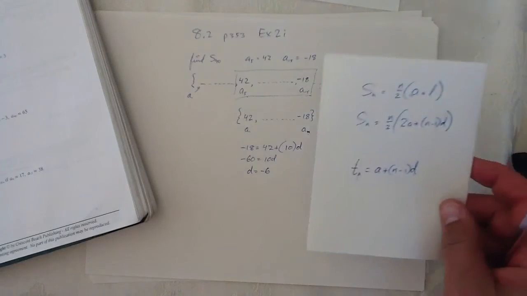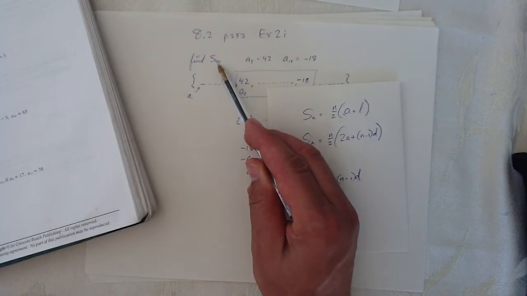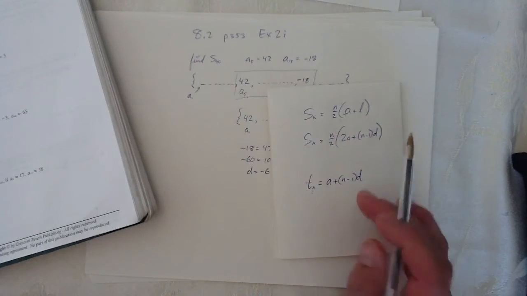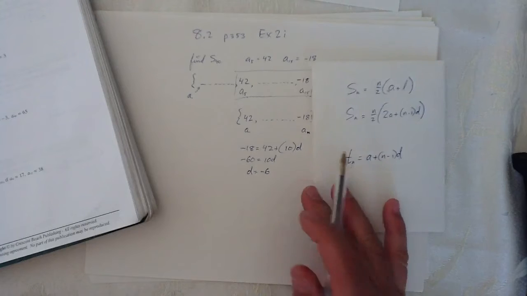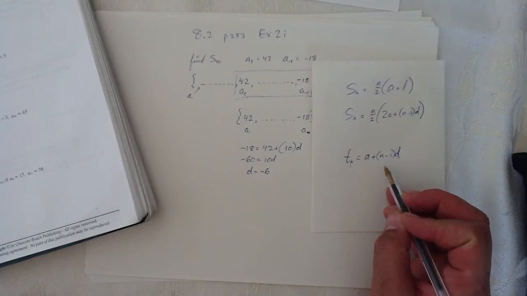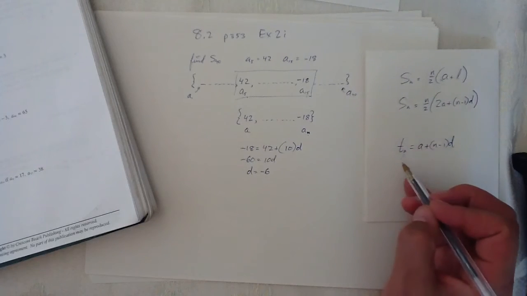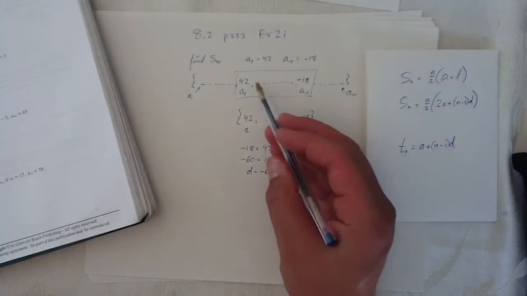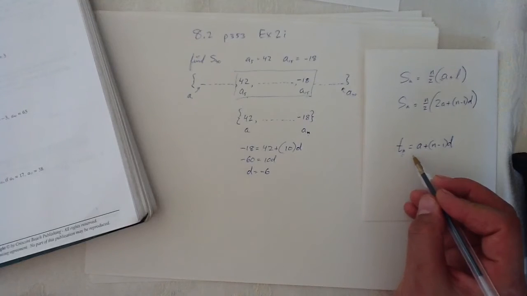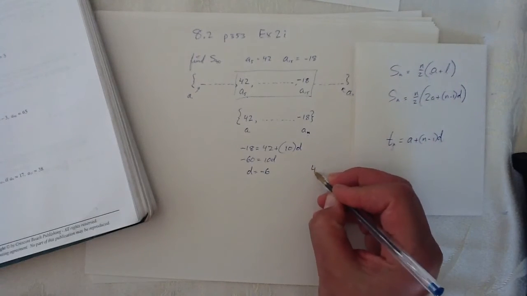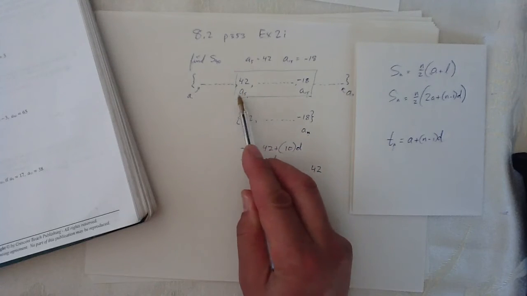So if we have D, and here we're supposed to find S40, so we know that n is 40. We don't yet have A1. We can figure out A1 using this formula as well. Because we know D, and we know that A5 is 42, we can apply this formula again.